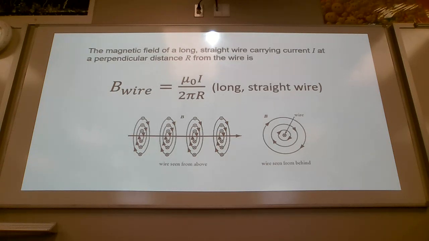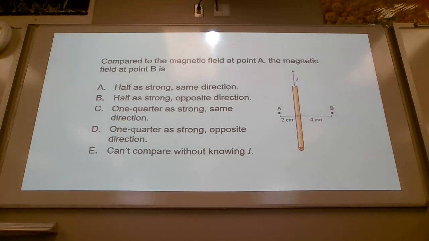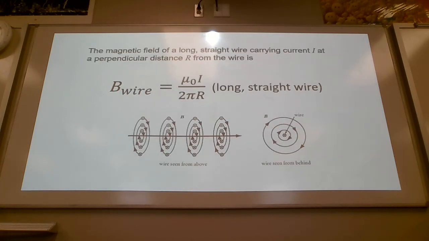About those 3 main formulas for the long wire, the loop, and solenoid, is it worth memorizing the field formula for those 3? Sure, if that's an easy ask, yes.